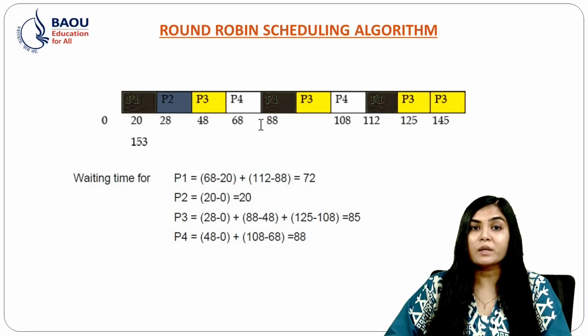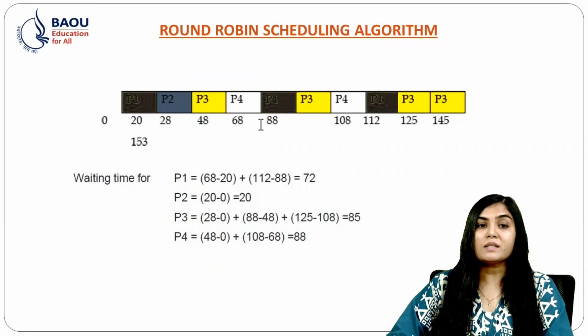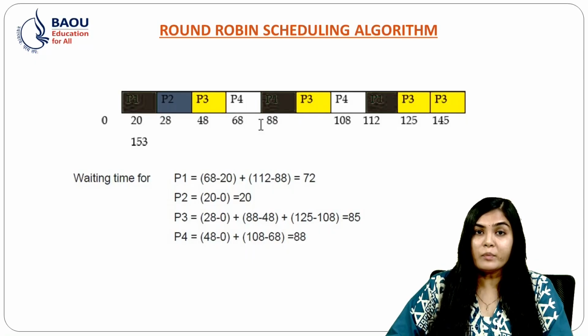The time quantum refers to the amount of time allocated to a process before the operating system switches to another process. The different processes and burst times are shown in the diagram. P1 has 53 milliseconds and P2 has 8 milliseconds.